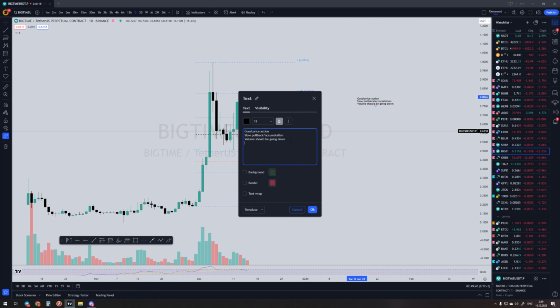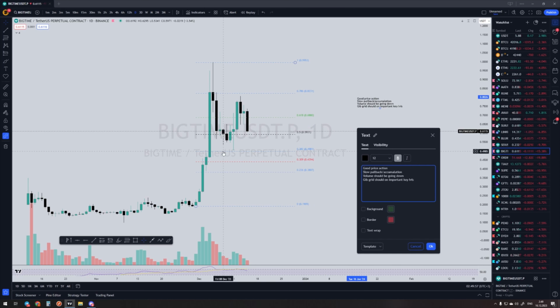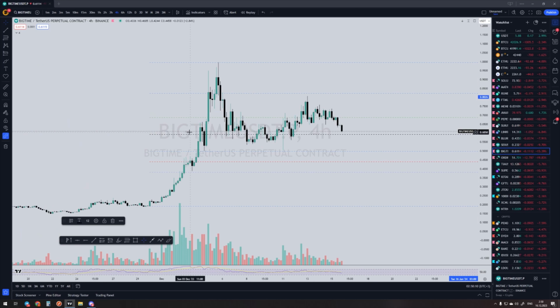Your Fibonacci grid should be on important key levels, such as fair value gaps, mitigation blocks, order blocks, etc. You can jump between time frames, and you will see that this 0.5 fib is here, this is a mitigation block, right?